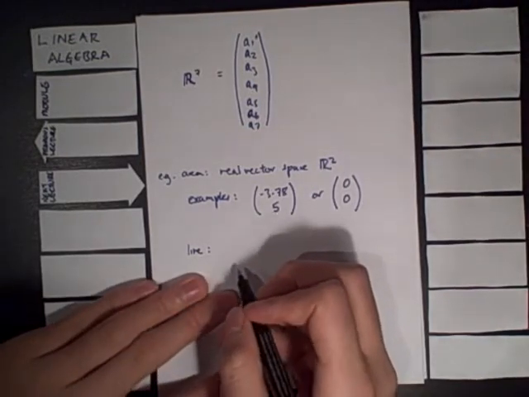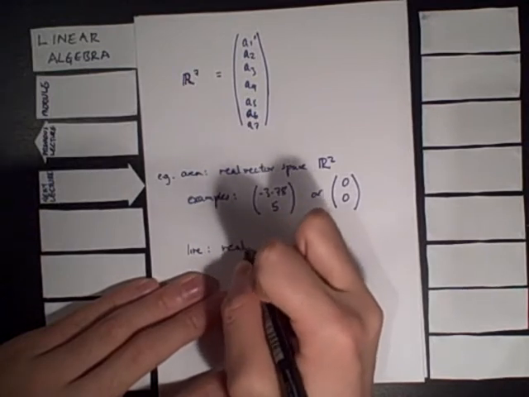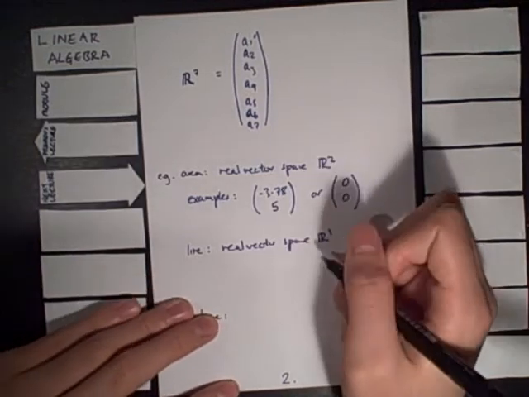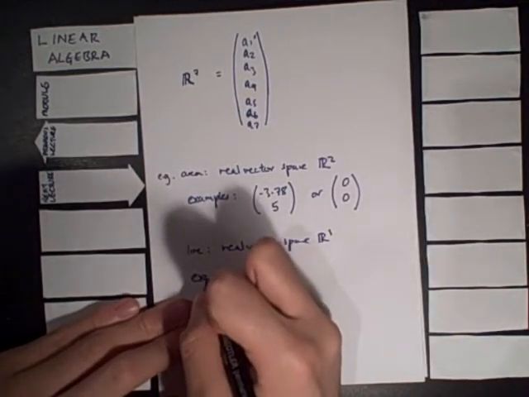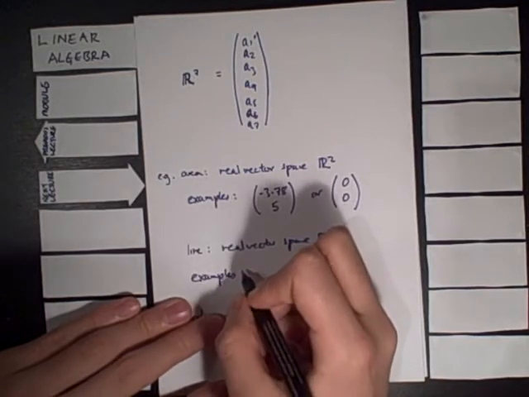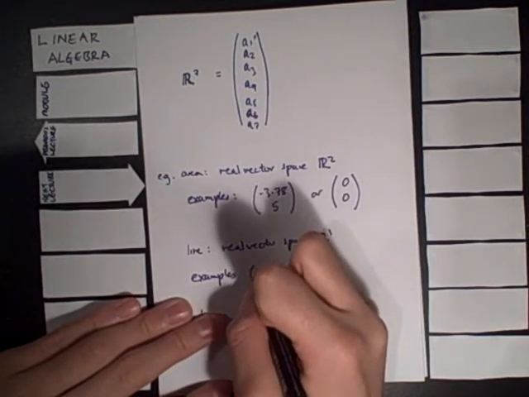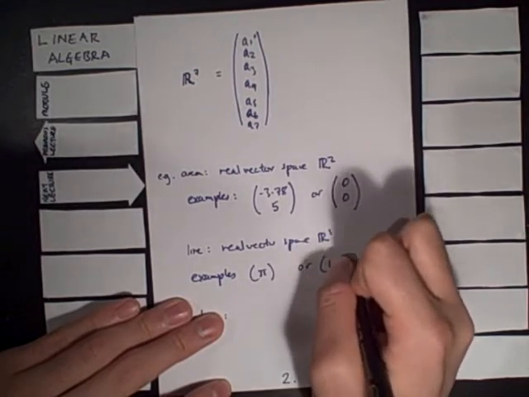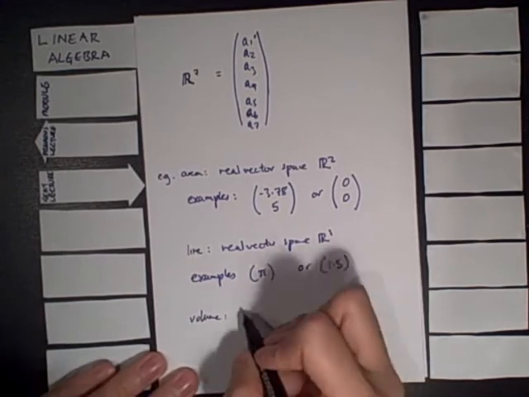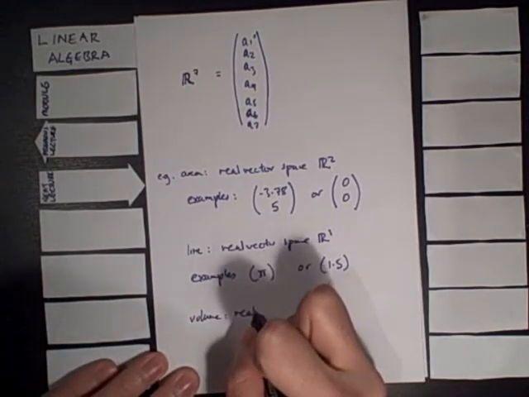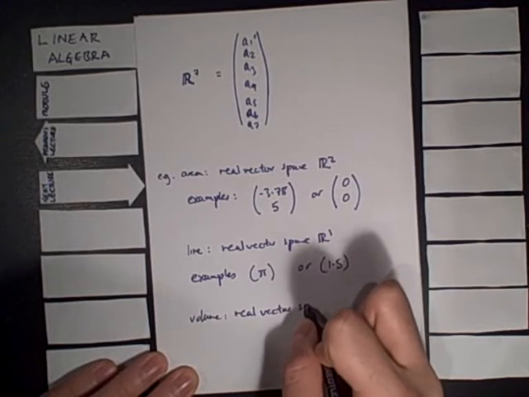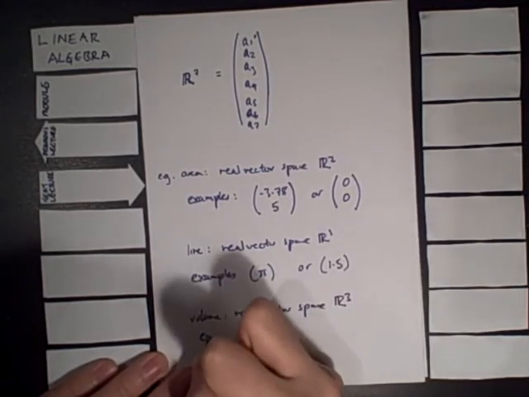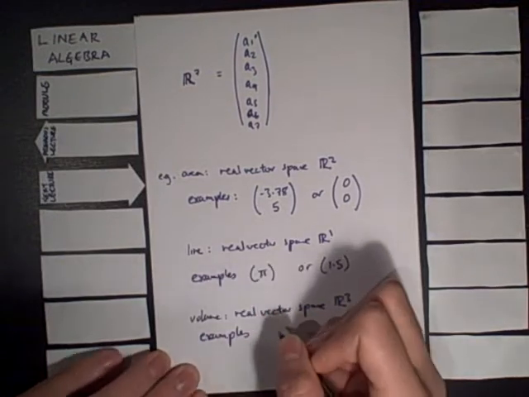A line refers to a real vector space R1, and examples could include these vectors, or finally real vector space R3. Examples could be these.